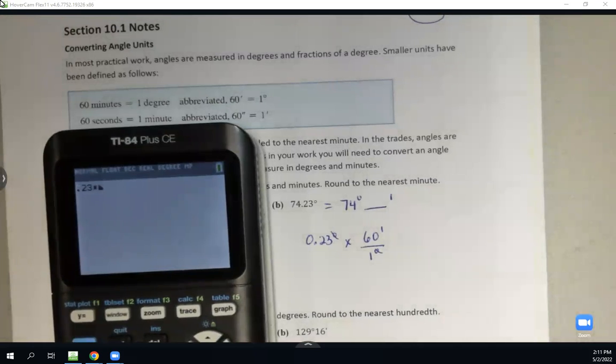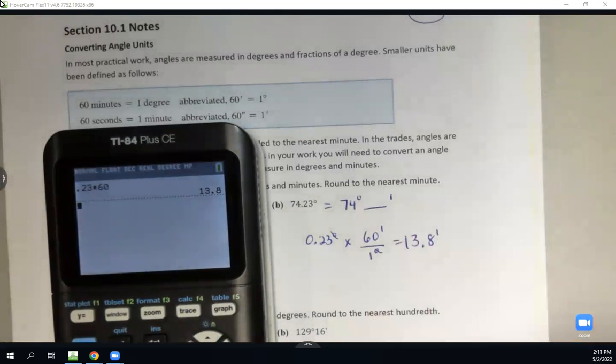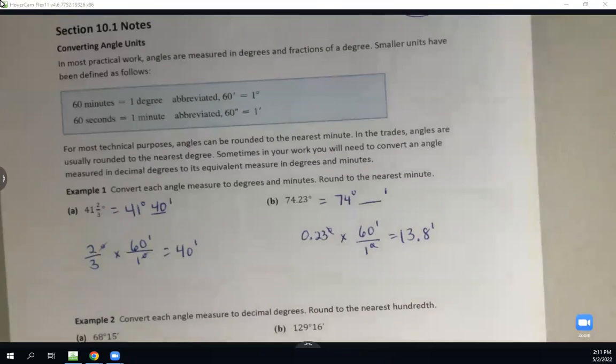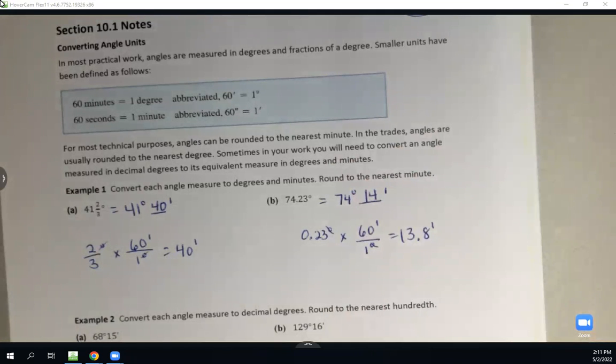So 0.23 times 60 is 13.8 minutes. And our directions say round to the nearest minute. So that would be about 14 minutes. So 74.23 degrees would be the same as 74 degrees and 14 minutes approximately.